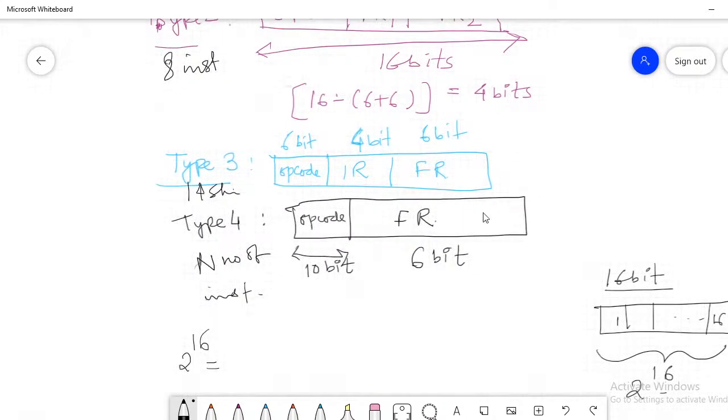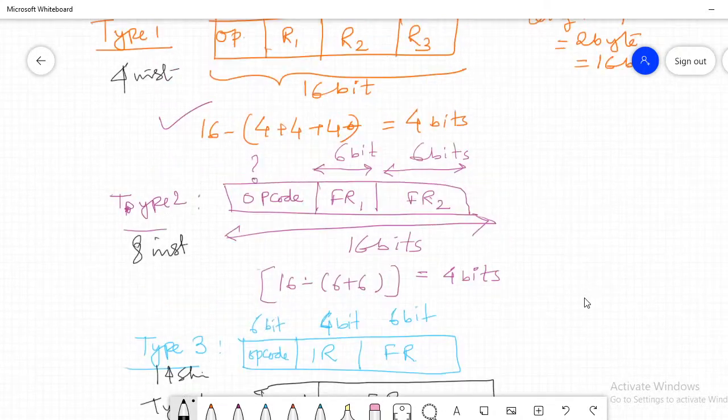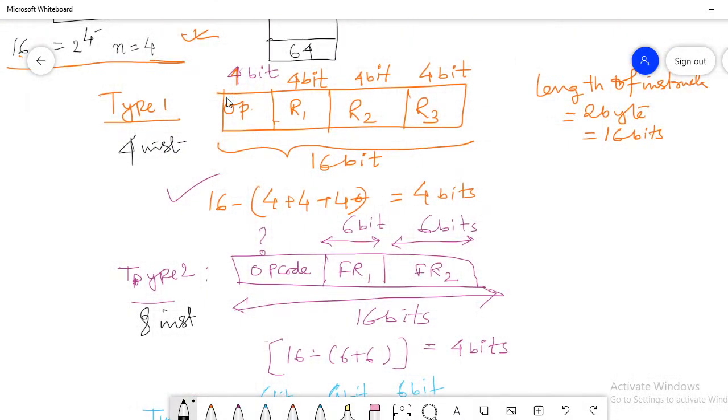So for the first type you have 4 instructions, and for each of the instructions you have 2 to the power 4 possible ways.